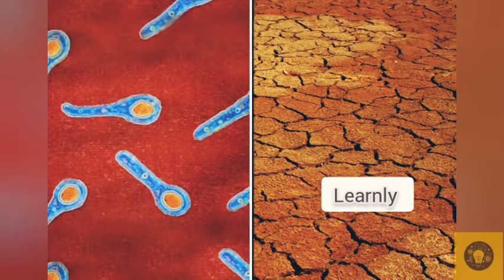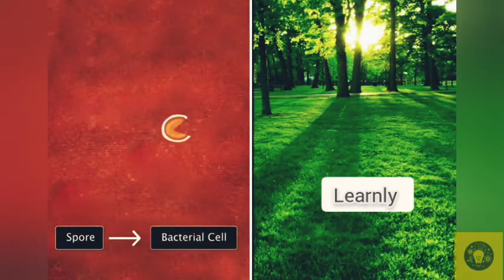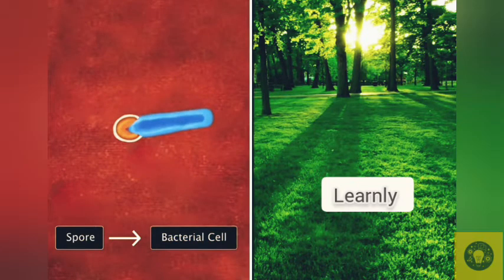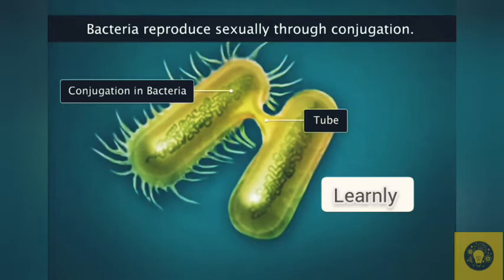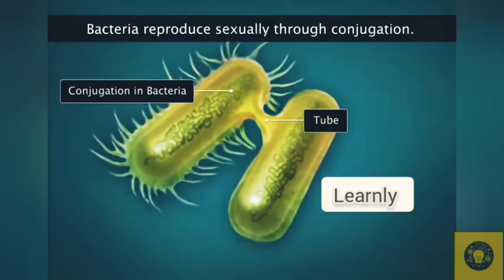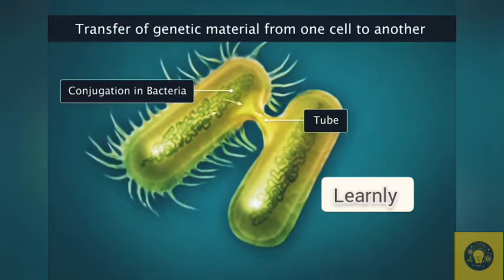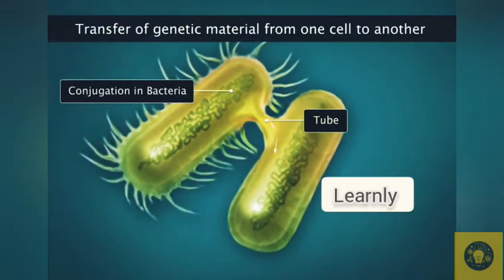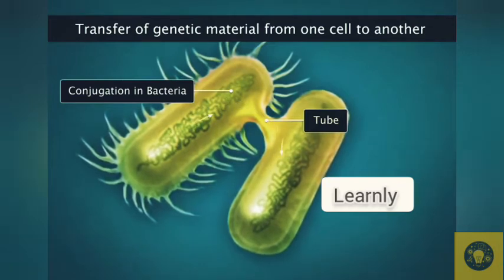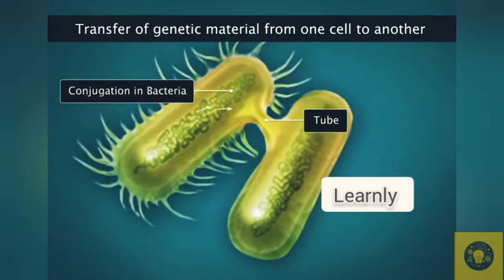When the conditions are favorable, the spore gives rise to a new bacterial cell. Bacteria can also reproduce sexually by the process called conjugation. Two bacterial cells are attached together with the help of a tube-like structure through which DNA, the genetic material from one cell, gets transferred to another.